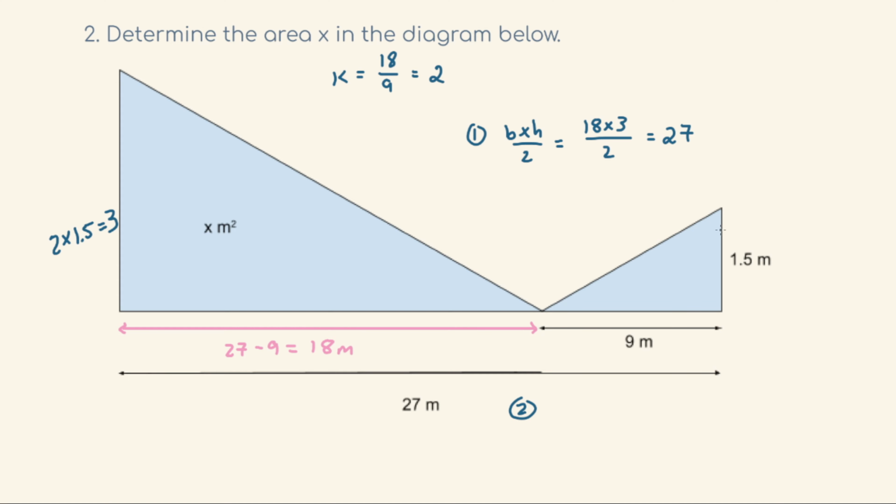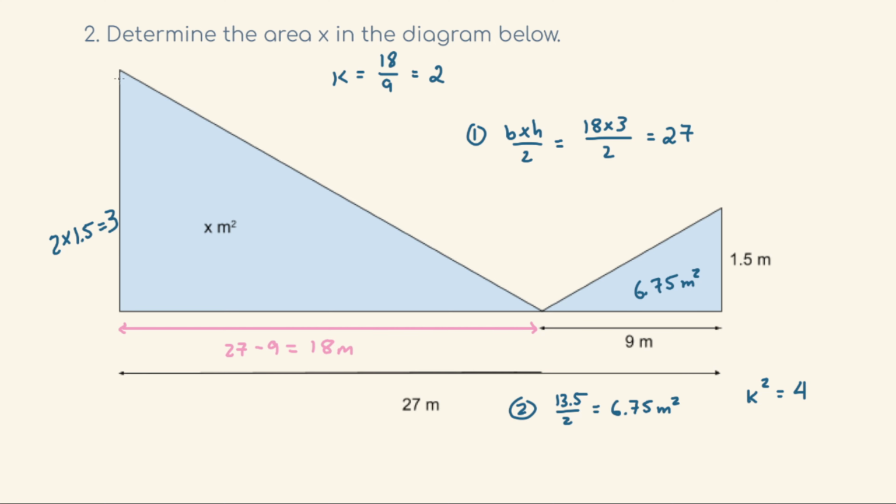What you're going to do is find the area of your original right triangle that we have a lot of information about here. So 9 times 1.5, that's going to be 13.5, and we have to divide that by 2, and that's going to give you 6.75 meters squared. Now the original triangle's area is 6.75 meters squared, and if we know that, and we know that k is equal to 2, then once again we know that k squared, the ratio of my areas, is 2 squared, which is 4.